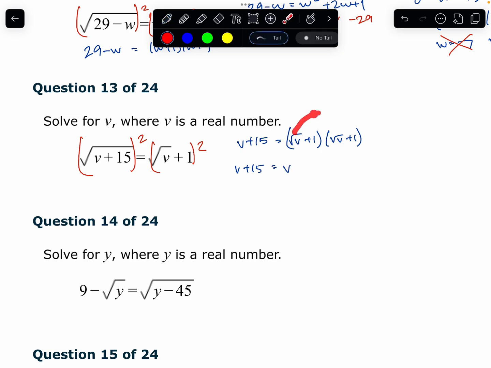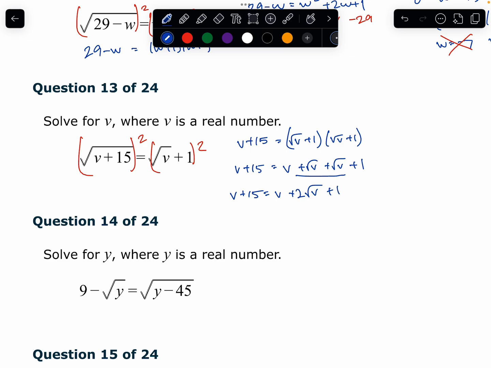I'll do the square root of v times 1, which is going to be plus square root of v. Then I'll do 1 plus the square root of v, which again is going to be plus the square root of v. Then I'll get 1 plus 1, which is going to be plus 1. Now these can combine. So I'll get v plus 15 equal to v plus 2 root v plus 2 root v plus 1.